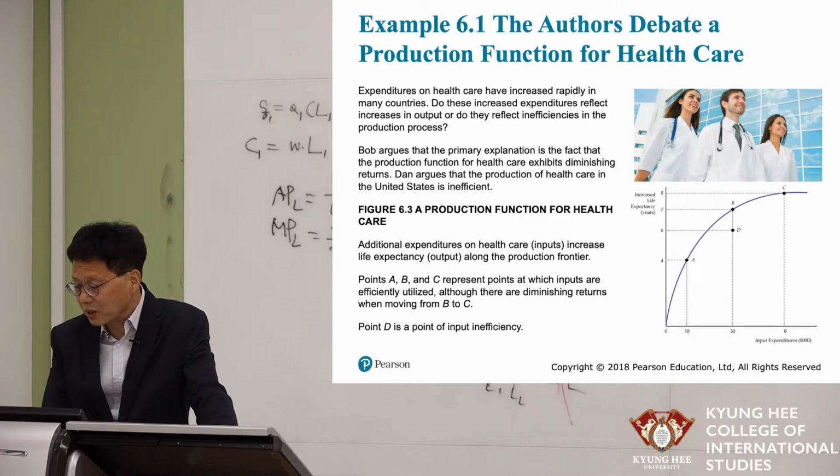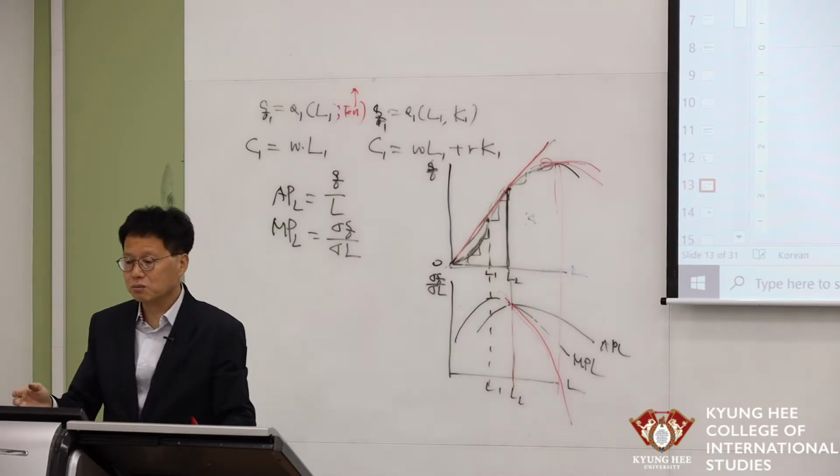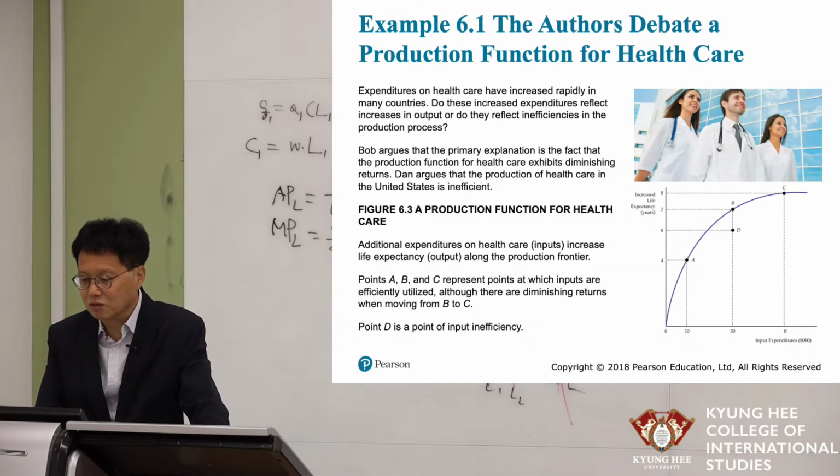As healthcare expenditure increases, life expectancy increases, but at a decreasing rate. In other words, the marginal product decreases. That is one argument.